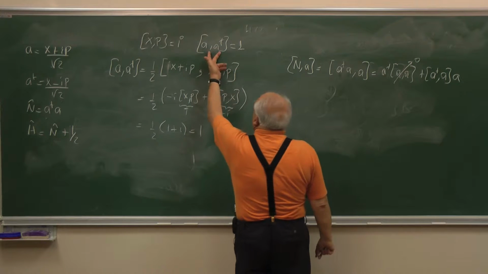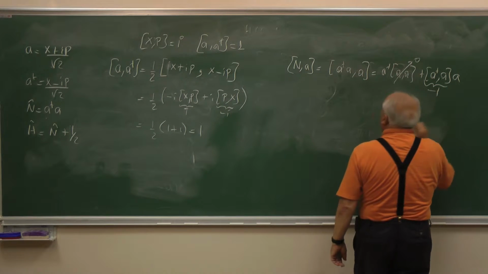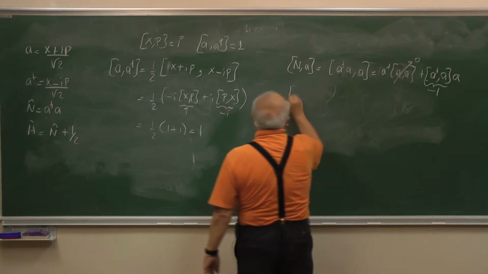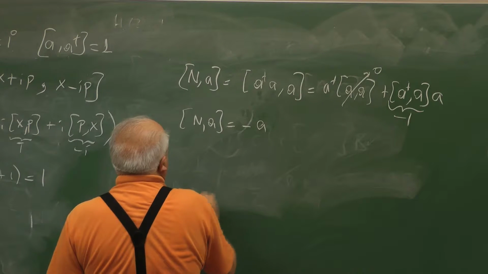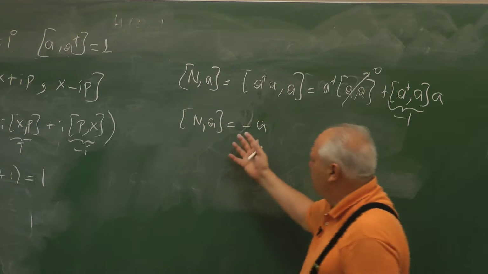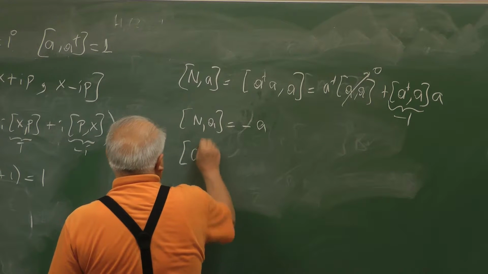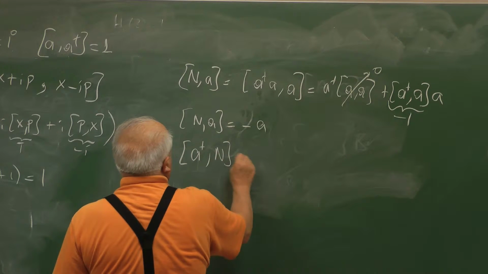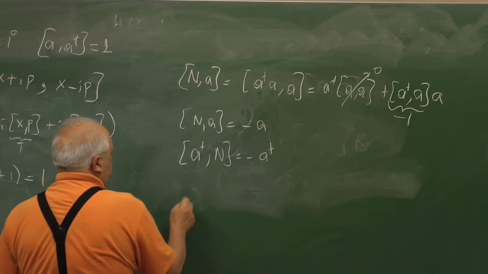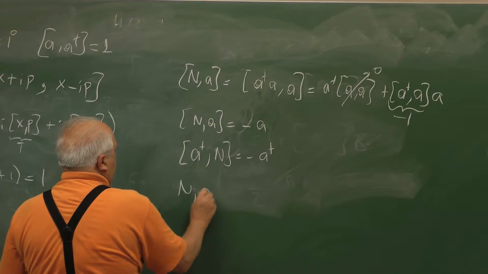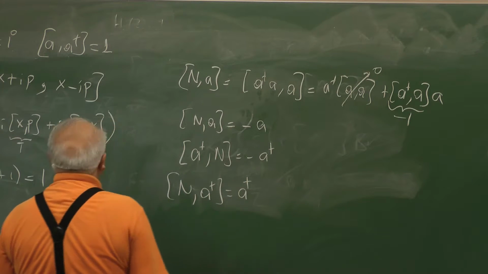The order is changed, so we have a -1 here. So [n, a] is equal to -a. If we just take the Hermitian conjugate of this equation, this is [a†, n] is equal to -a†. If we change the order again, [n, a†] is equal to a†.